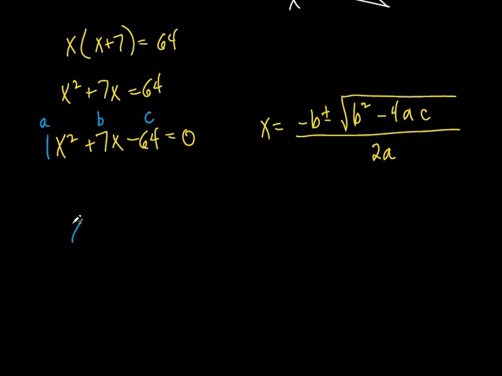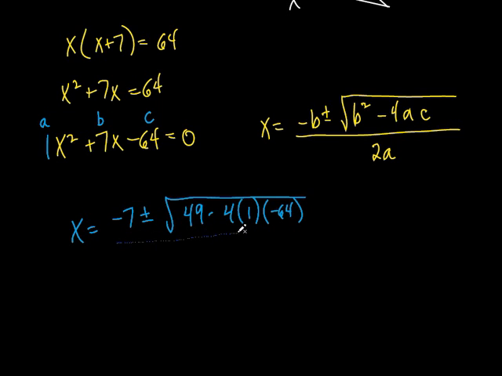So here we go. It's negative b. So x equals negative b, which is negative 7, plus or minus the square root, b squared, which is 7 squared, which is 49, minus 4 times a times c. And that whole thing is over 2 times a, or 2 times 1. And now it's just a matter of simplifying this. Negative 7 plus or minus square root, and let's see, that would be 49.